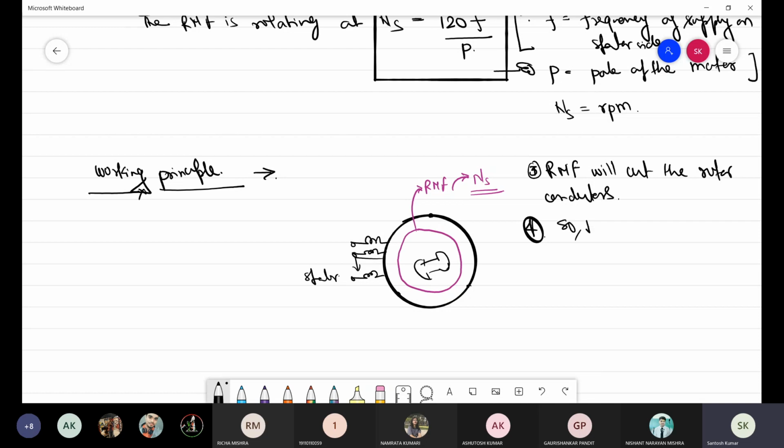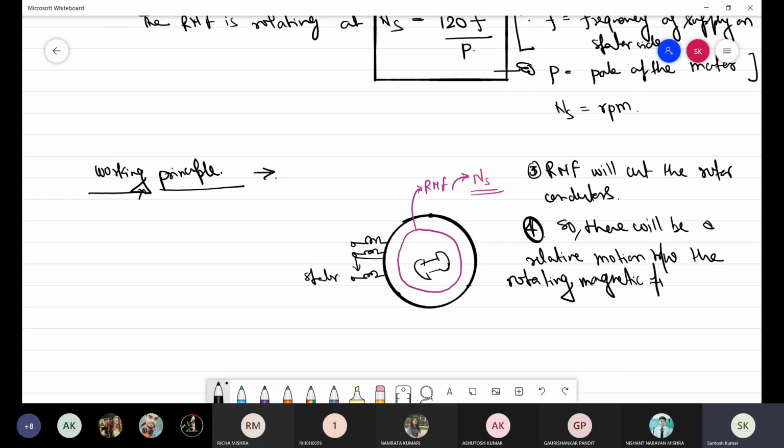So there will be a relative motion between the rotating magnetic field and the stationary rotor conductors. So what will happen? What will happen? Tell me.